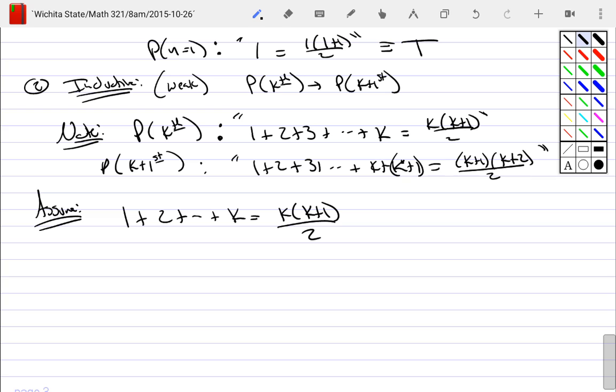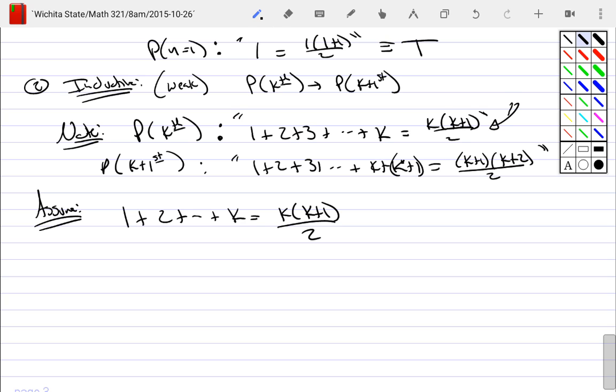It's the left side of an implication. That's how you do direct proofs. You assume the left and show the right. What's my goal? That the k plus first step must be true, right? I need to show that second equality. I assume this.